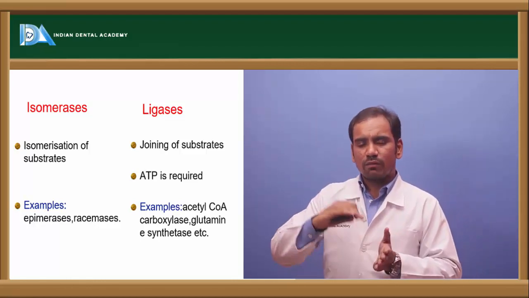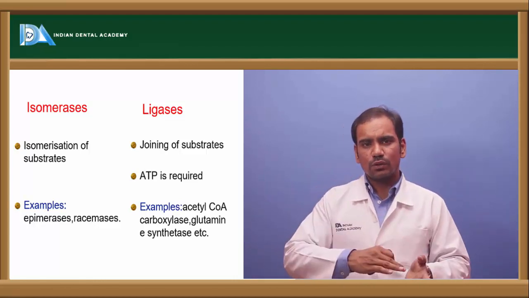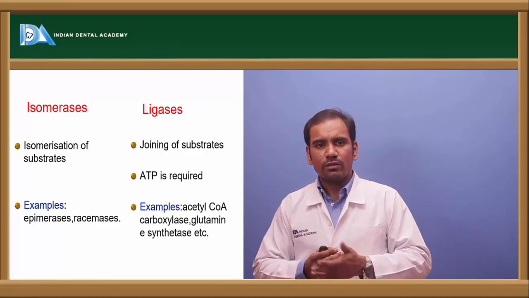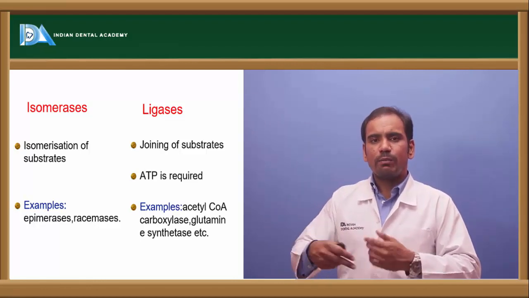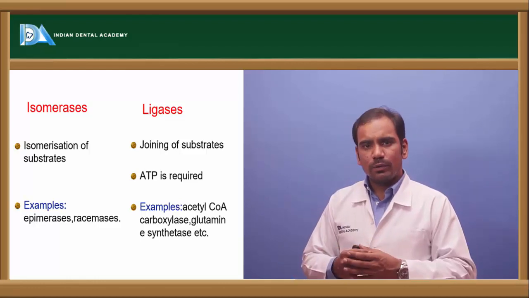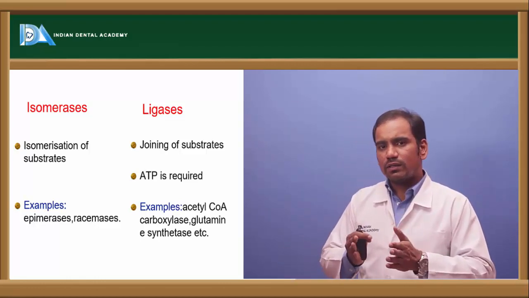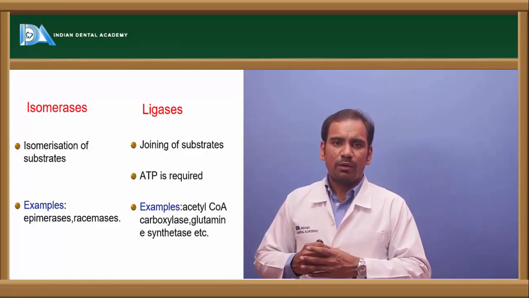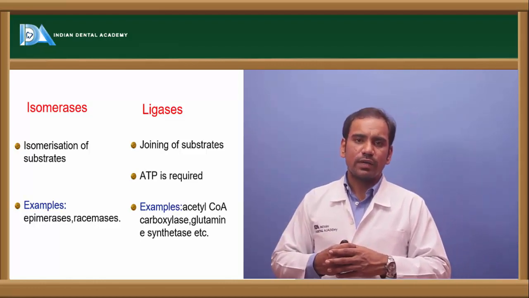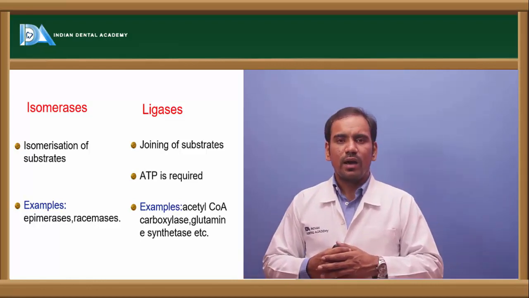So glucose can be converted into galactose, and galactose can be converted into glucose by the action of an enzyme called epimerase, because these two are epimers, a type of isomers. So epimers are nothing but a type of isomers, and these two are interconverted by the action of the enzyme epimerase, and such enzymes which catalyze the isomerization of substrate are called isomerases.